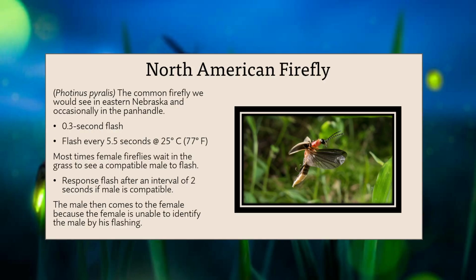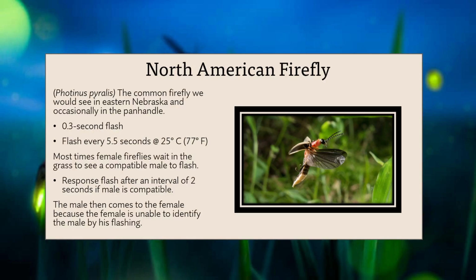And the light that they emit is at a temperature of 77 degrees Fahrenheit or 25 degrees Celsius. Most times, our female fireflies will wait in the grass to see if they can find a compatible male to flash with their bioluminescence.